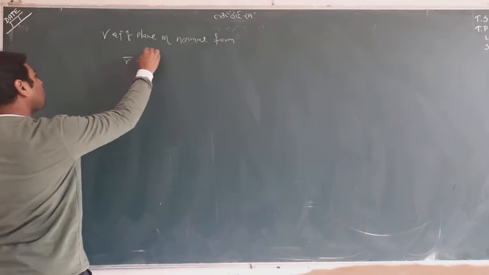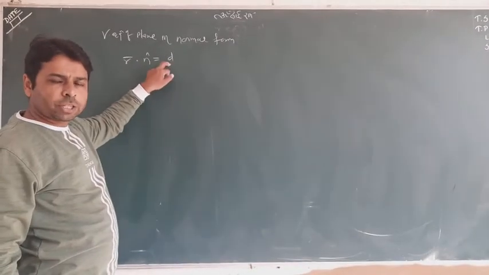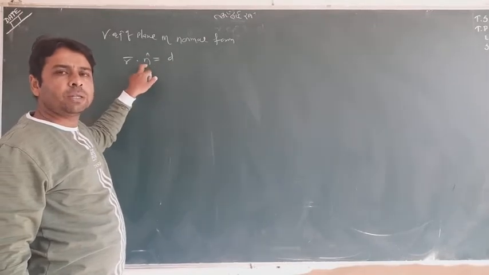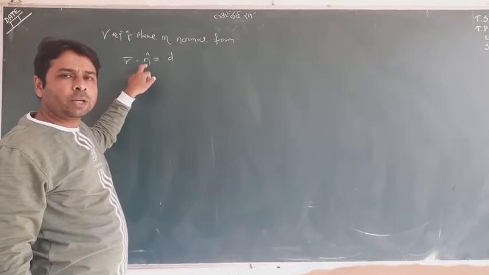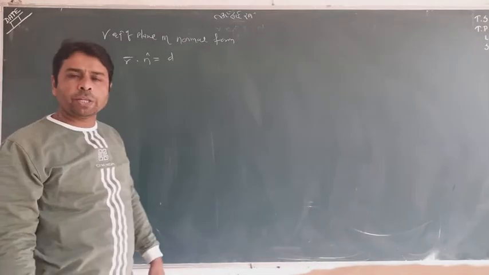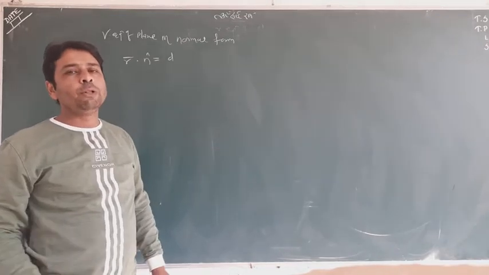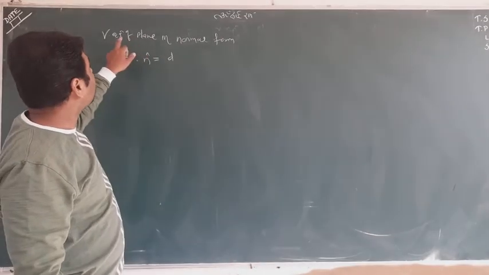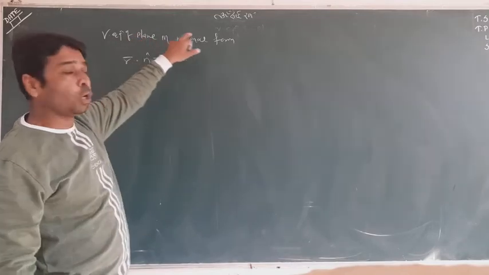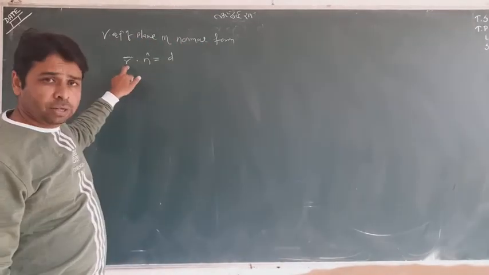R dot n cap equal to d, where d is the perpendicular distance of the plane from the origin and n cap is a normal vector containing cosines. I want to convert that vector equation into a Cartesian equation. So we will look for the Cartesian equation of the plane in normal form. How can we convert? Definitely very simple.